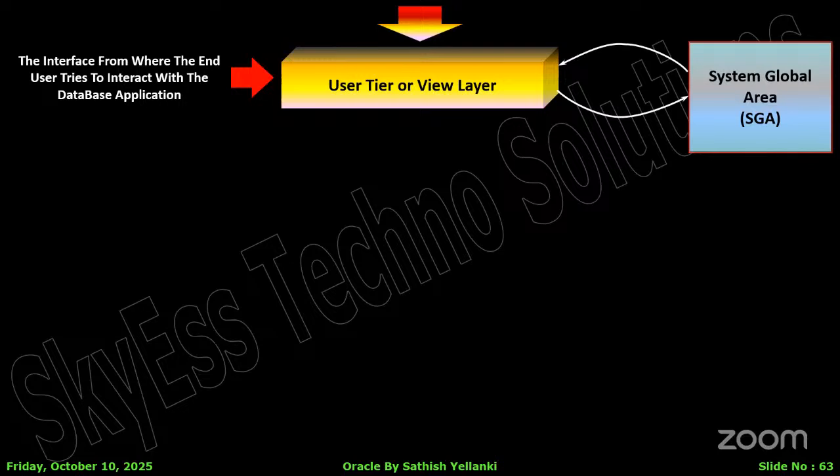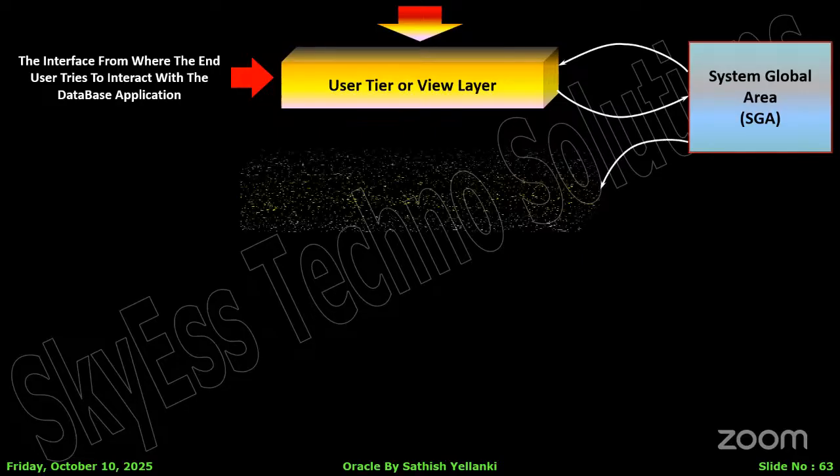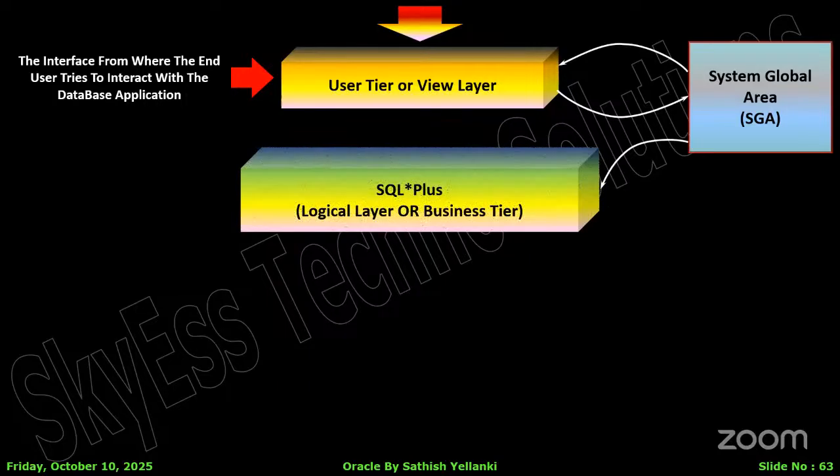Suppose at 6 o'clock in the morning, you requested some data from the database, and that particular data is not available in SGA because you are the first person requesting it. Then Oracle starts pushing that request to the physical tier via the SQL*Plus environment, which is a logical or business layer, when the requested information is not available as a copy in SGA.